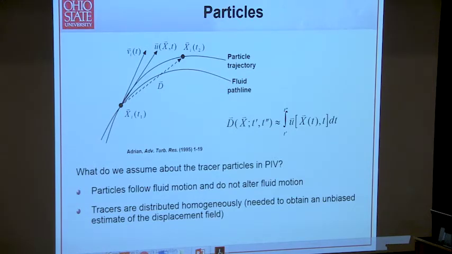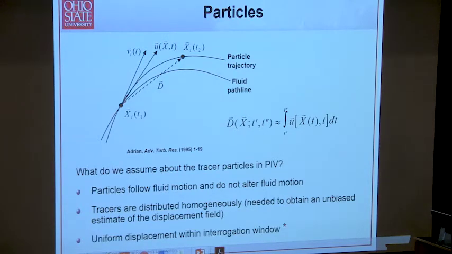The reason you need to do that is, again, when we go into analysis, this is absolutely needed to obtain an unbiased estimate of the displacement field. If you have a preferential direction of seeding, the correlation will be biased in this direction, okay, when we start talking about the processing. So you need your tracers as distributed as homogeneously as possible. So since we can't really tell how we're doing this, we make the assumption that there's homogeneous distribution.